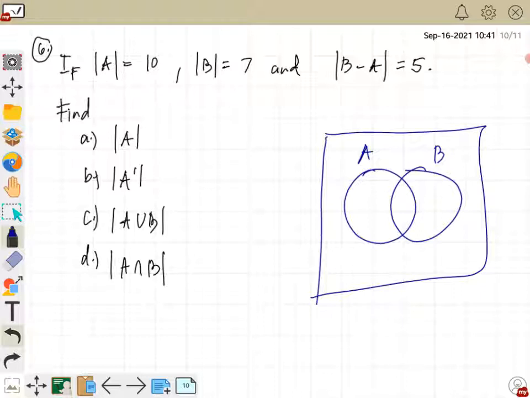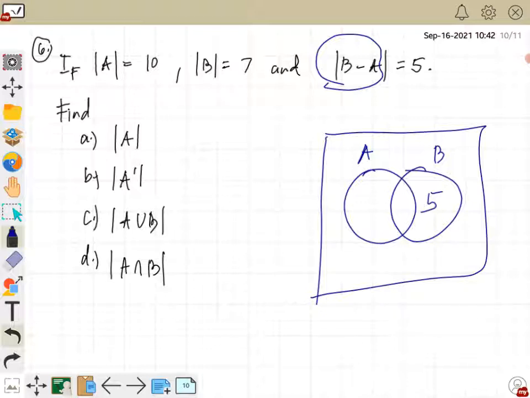I think there's a need for us to draw our Venn diagram. If the entire circle A is 10, the entire circle B is 7, but B minus A is 5, meaning B only. There is a need for us to understand the very layman's meaning of this. B minus A means how many elements are in B but not included in A. So that is 5 here.